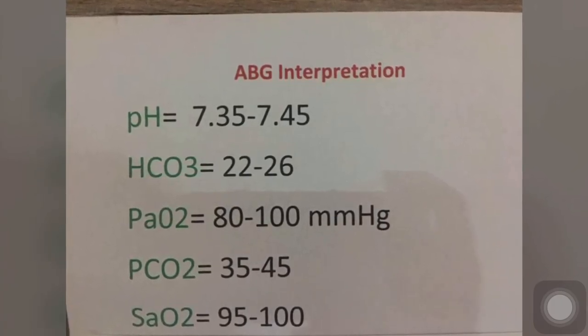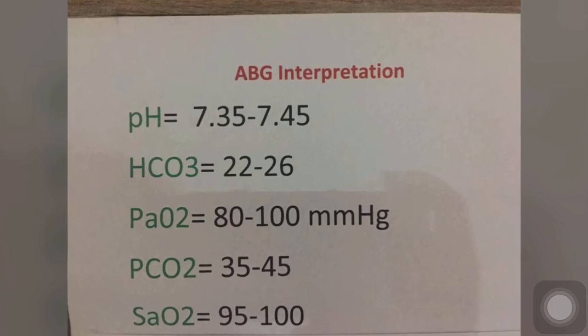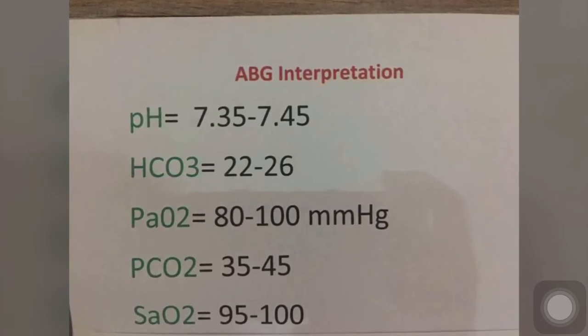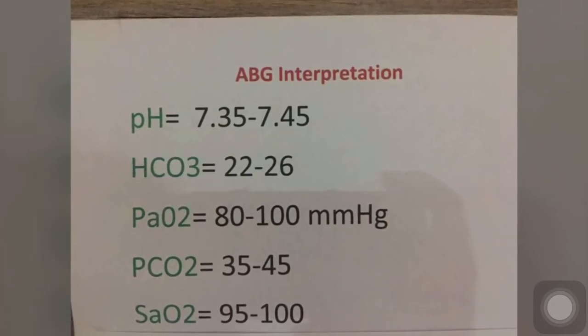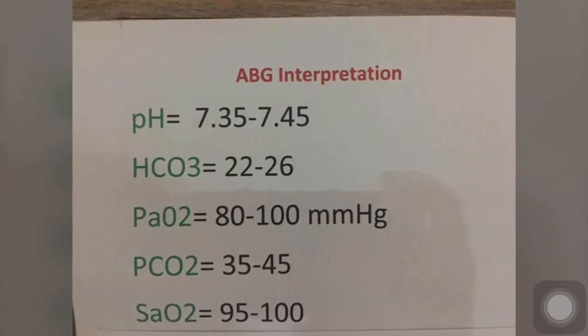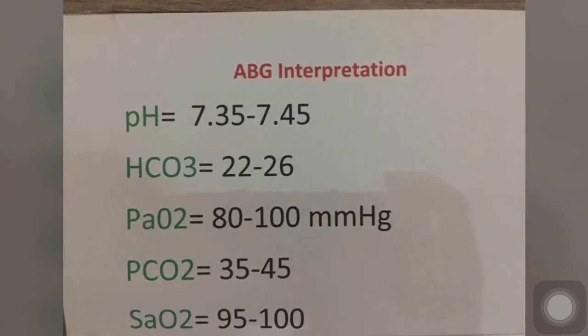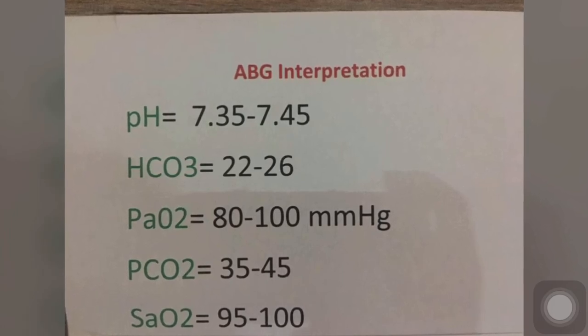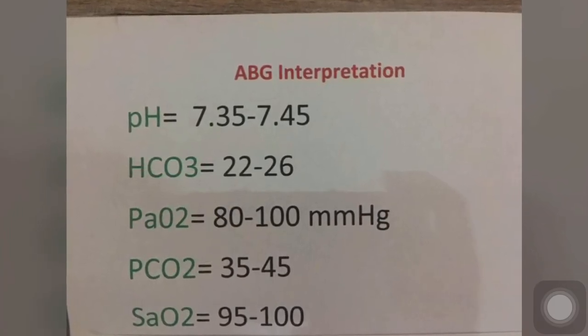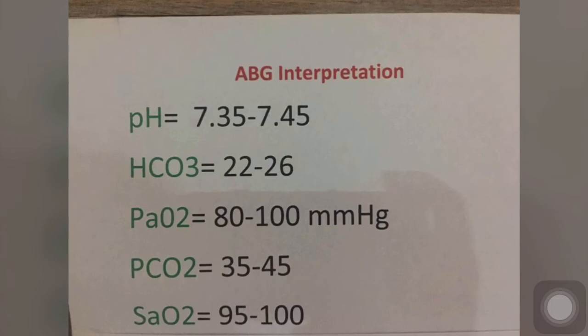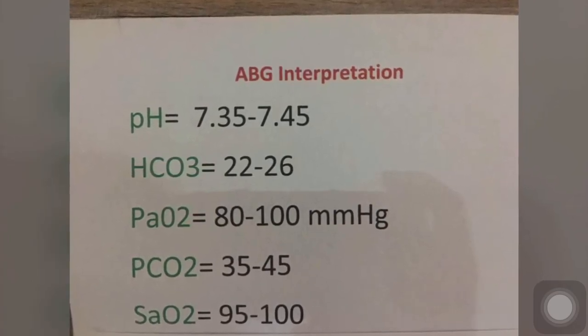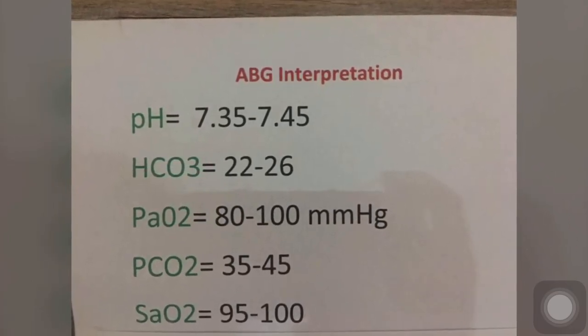Let's take another example. If the pH is 7.59 and the HCO3 is 33, how do you interpret that one? The pH is increased, the HCO3 is increased. So what will you pick, metabolic or respiratory?